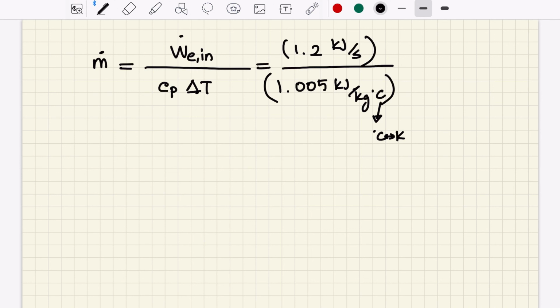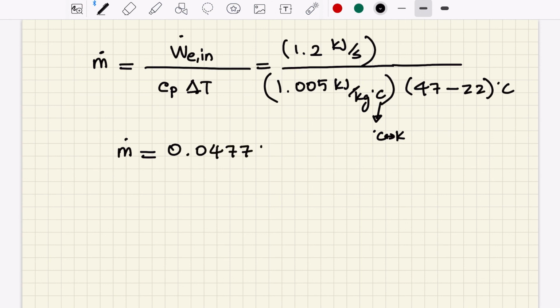The temperature change is 47 minus 22. And this should give us the mass flow rate, 0.04776.